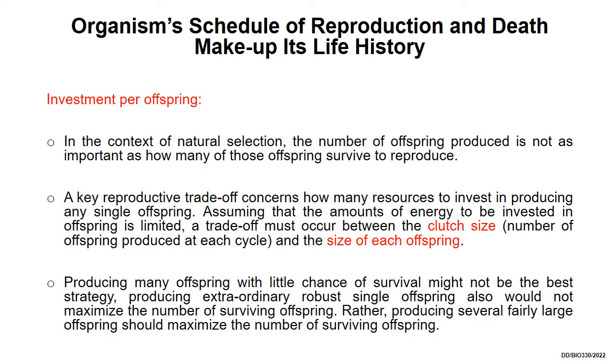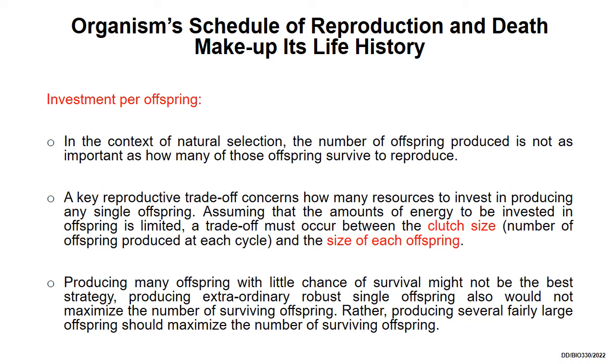Investment per offspring. In the context of natural selection, the number of offspring produced is not as important as how many of those offspring survive to reproduce. A key reproductive trait of concern is how many resources to invest in producing any single offspring.